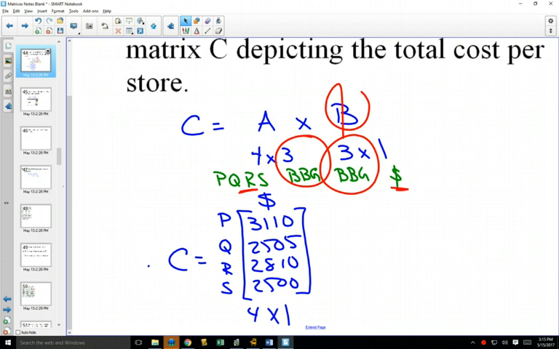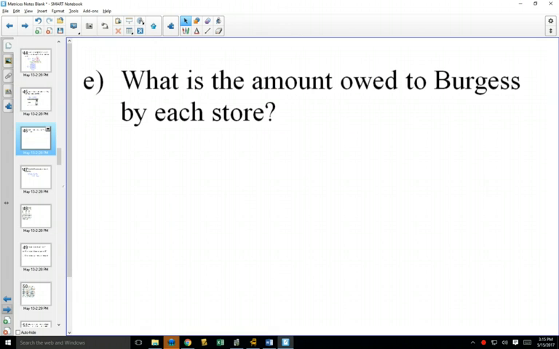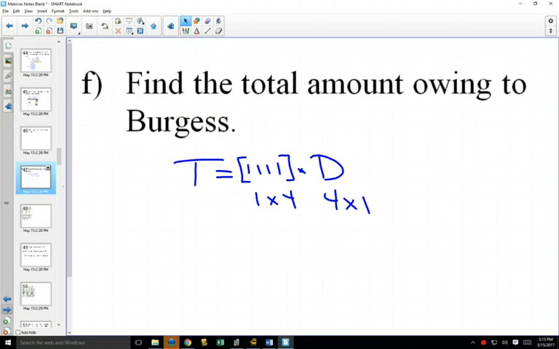Yes? For the total, oh, we did this one right here. I just showed that if you wanted to add something all up, if you multiply by 1, 1, 1, 1, that's a 1 by 4.